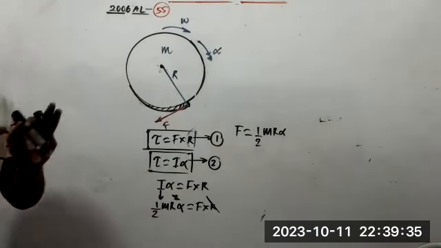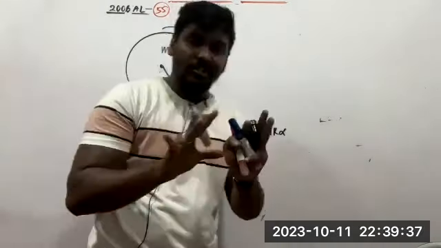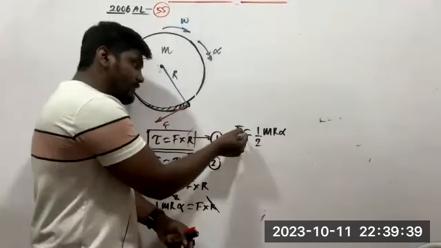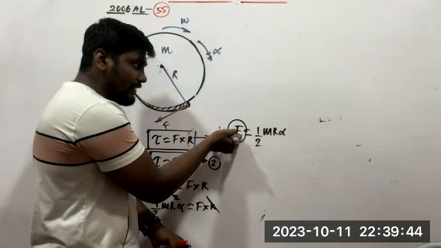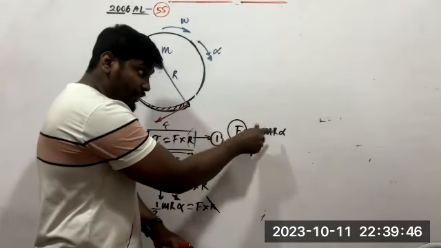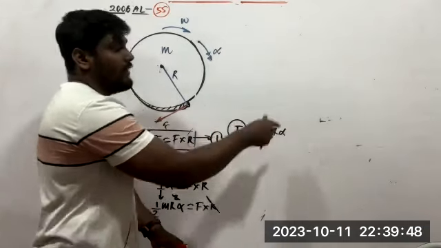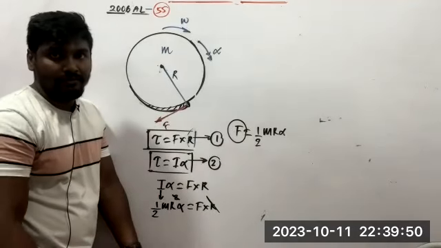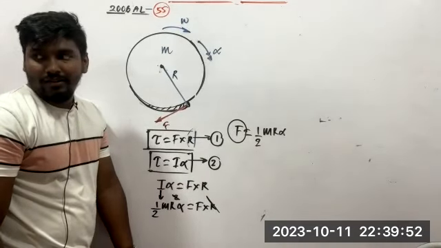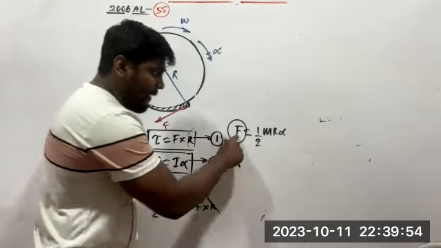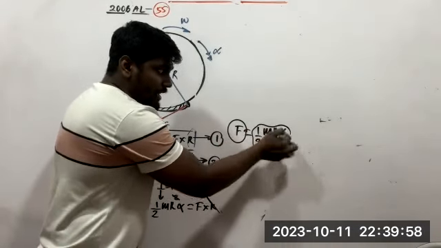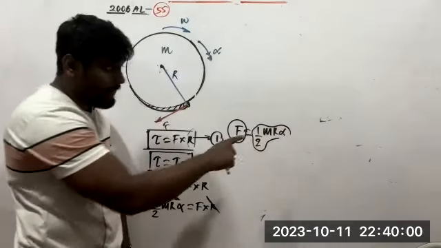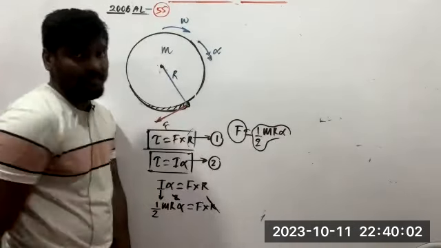Now in the question they clearly mention capital F is always a constant. If capital F is always a constant, then half m into R into alpha is a constant. Raise your hands if you understand that multiplication of m into R into alpha is constant.